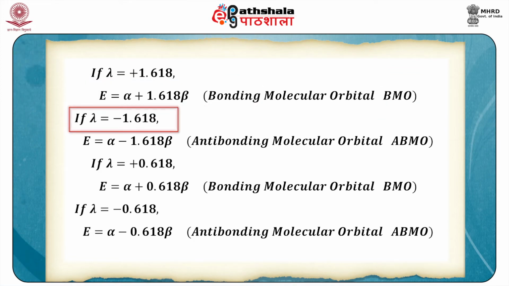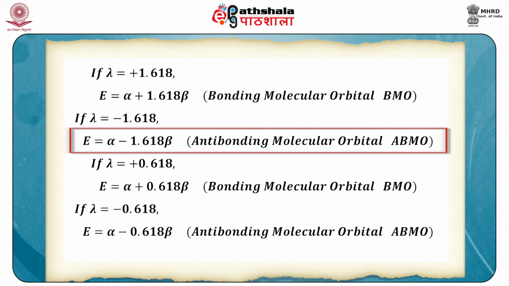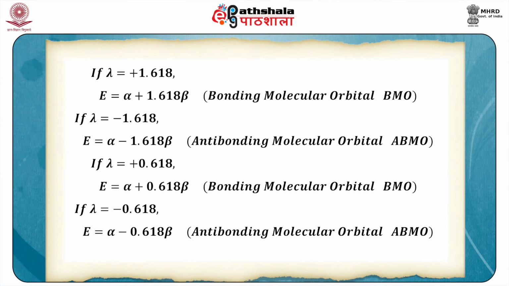Secondly, if lambda is equal to minus 1.618, we get the corresponding E equal to alpha minus 1.618 beta. Here beta is also negative, alpha is also negative, but since the second term is negative, the second term becomes positive, and therefore this is higher in energy, and therefore we will call it an anti-bonding molecular orbital.